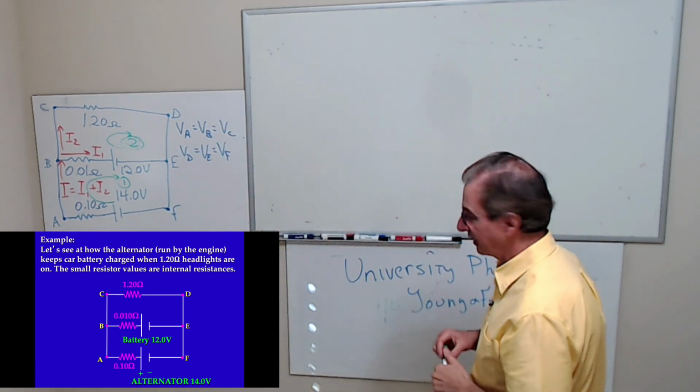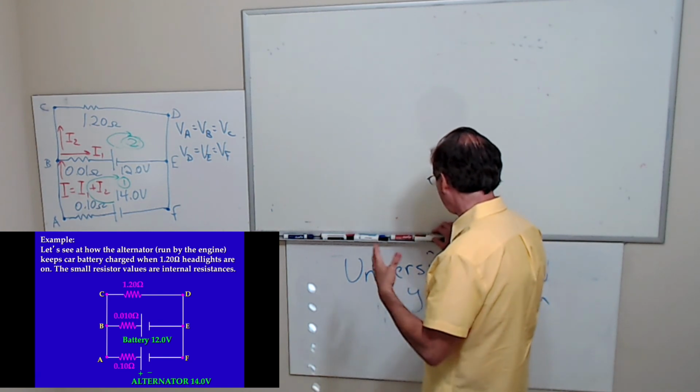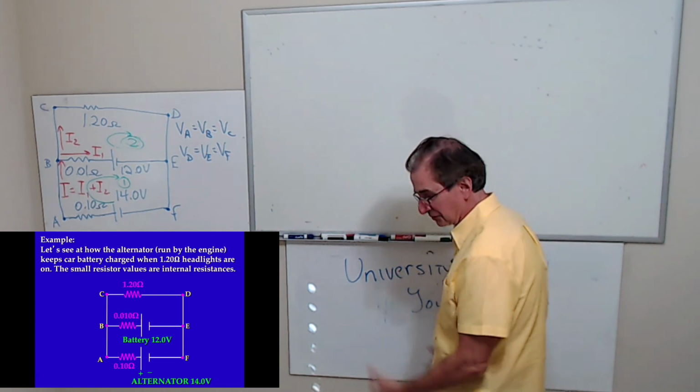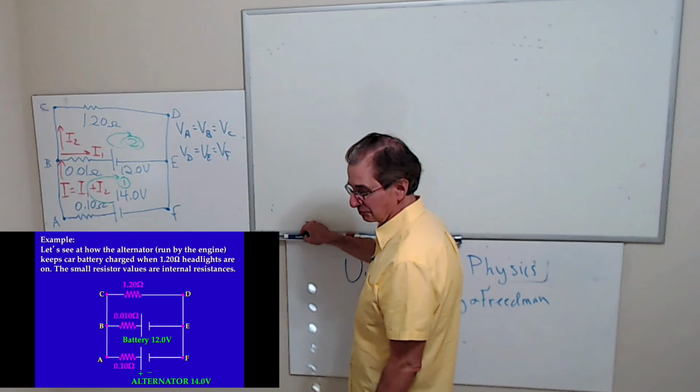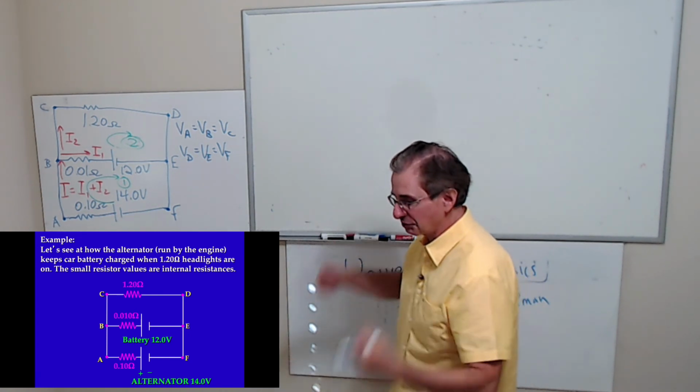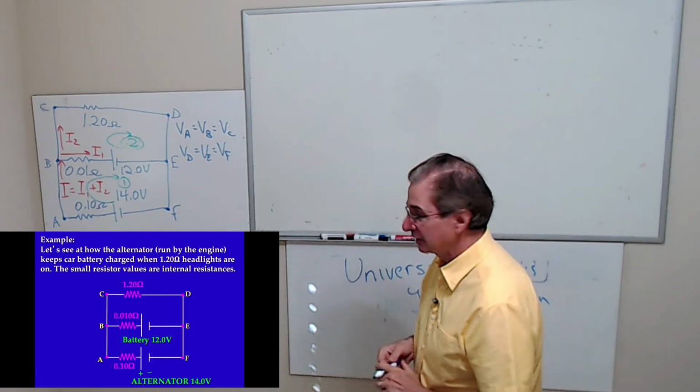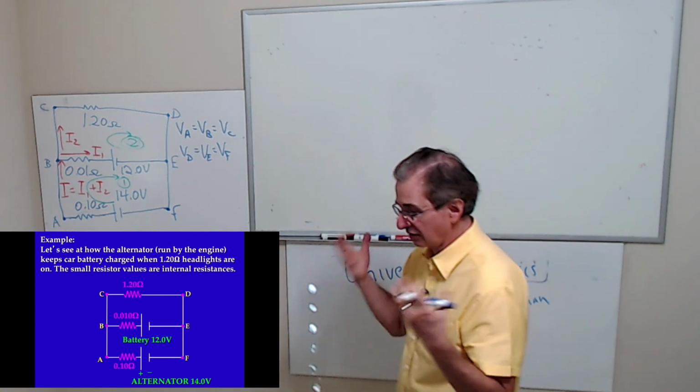I didn't draw it big enough. That's one of the bad things of not drawing your picture big enough. My board isn't big enough, so on paper, when you draw this, draw them big enough. By the way, the 1.2 ohm resistor is, let's say, your headlights.